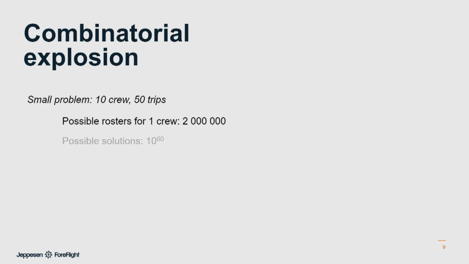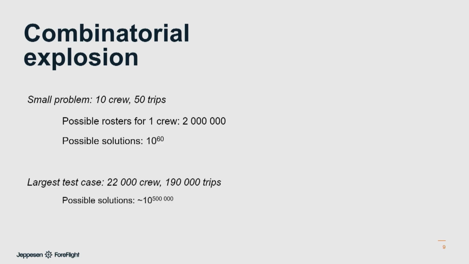And judging by this, it doesn't look too complicated, but as we start to introduce more and more crew, more and more trips, this problem grows quite rapidly. So for a very small example, where we have 10 crew and 50 trips, we have around 10 to the power of 60 possible solutions. And if we take our largest customer, they have 22,000 crew, with 190,000 trips that needs to be rostered, and this is done every month.